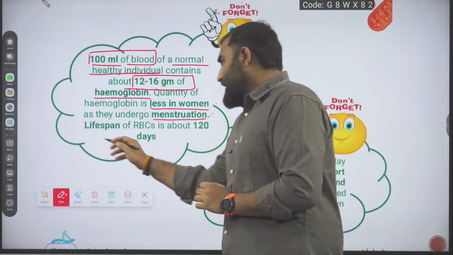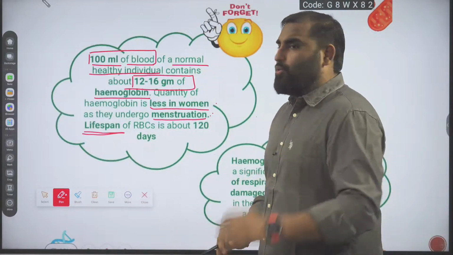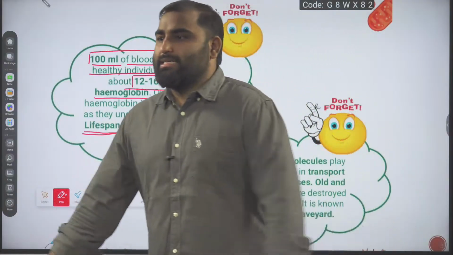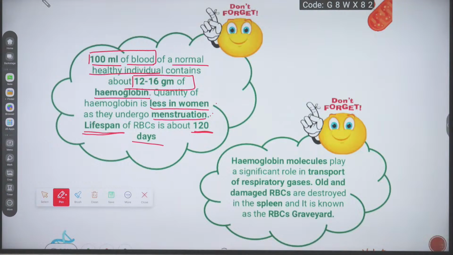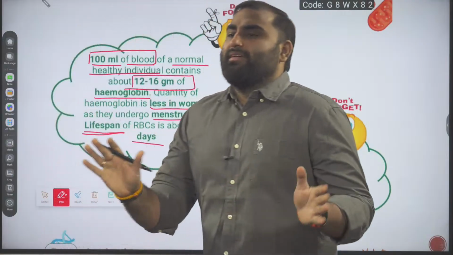Now, talking about the lifespan of RBC. What is the lifespan of RBC, guys? RBC can only survive up to 120 days. After 120 days, the RBC gets tired.